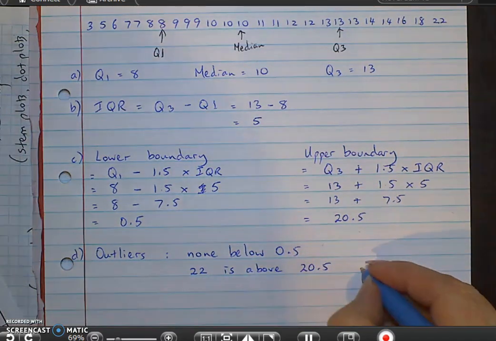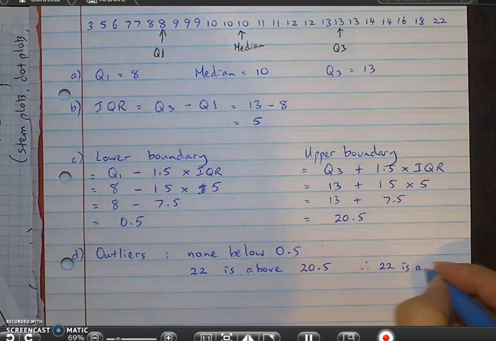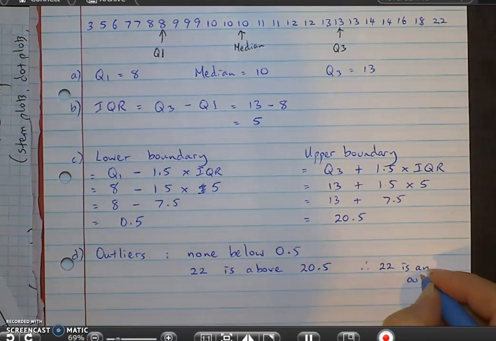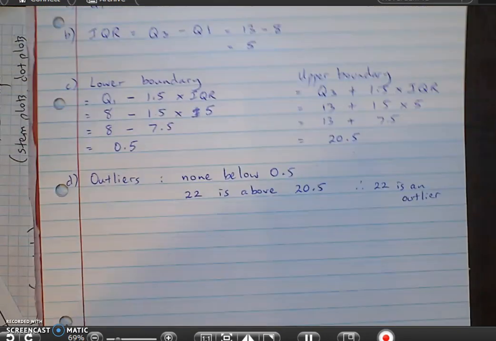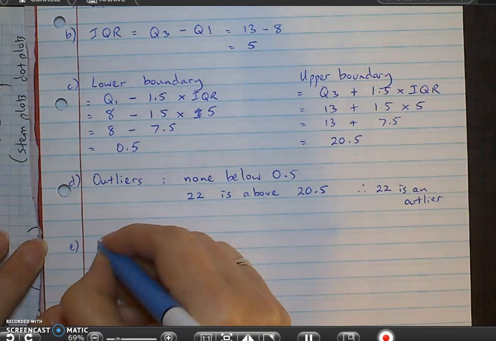So therefore, 22 is an outlier. And then the next bit we do is draw a box plot.